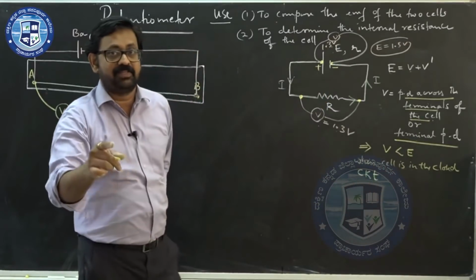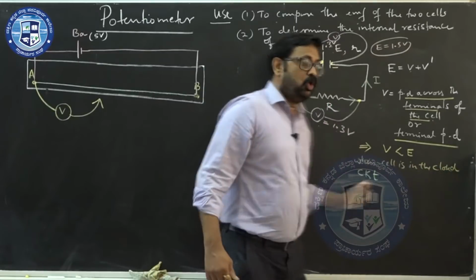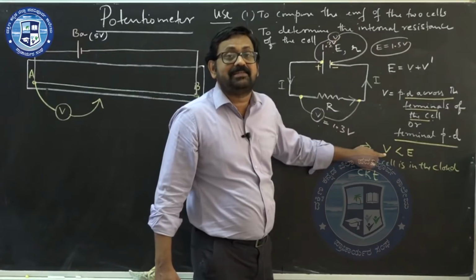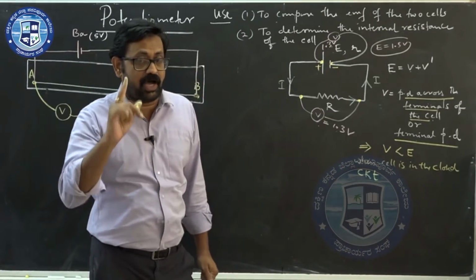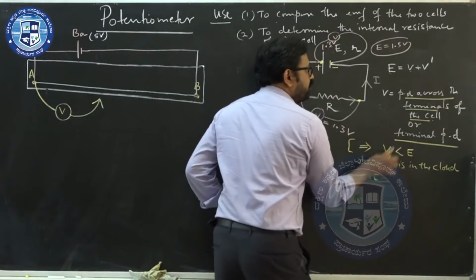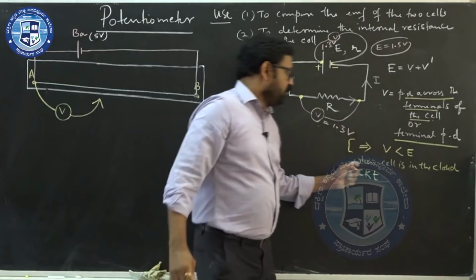CKT represents circuit. When the cell is in a closed circuit, terminal potential difference is always less than the EMF of a cell. See, I don't repeat all this discussion. You have to remember these points. Terminal potential difference, or potential difference across the cell, is always less than the EMF when the cell is in the closed circuit.